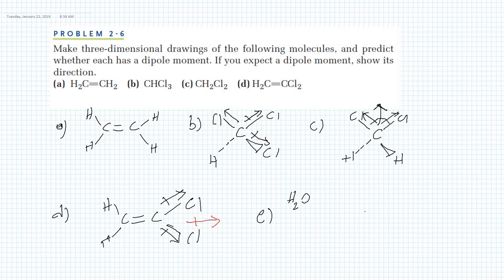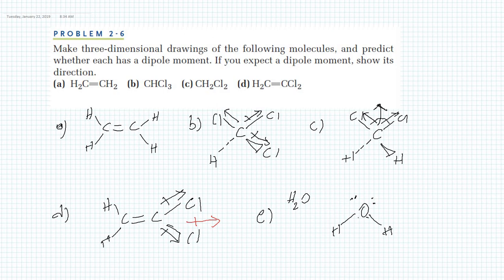We have oxygen, we have hydrogens, and we have two lone pairs. Don't forget, oxygen is tetrahedral, or it has sp3 hybridization. So these are straight bonds or solid bonds, the oxygen-hydrogen bonds. This lone pair is coming out of the paper plane, and you can imagine that this lone pair is going inside the paper plane.